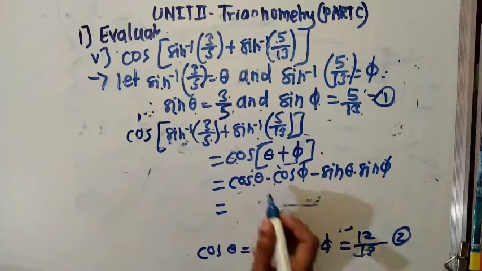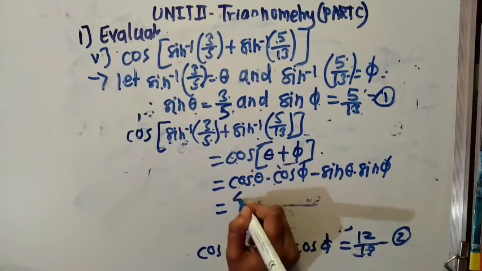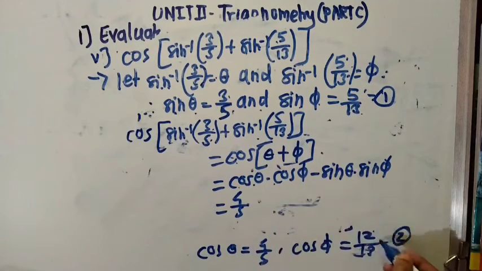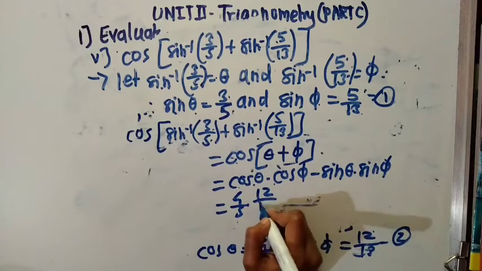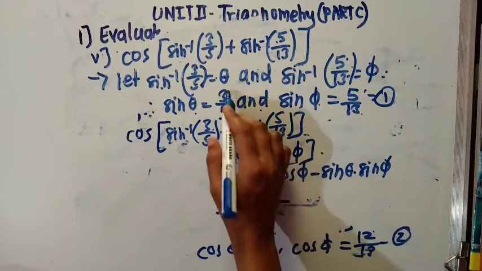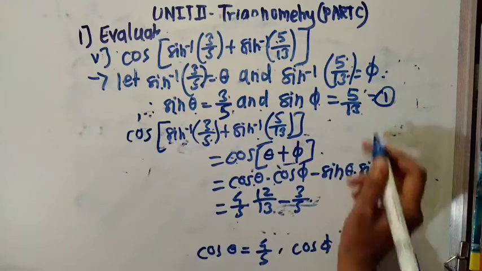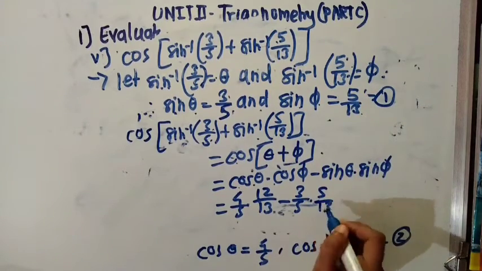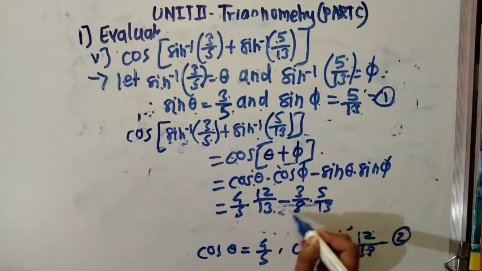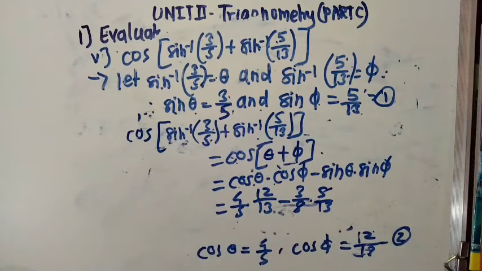But cos theta is 4 upon 5 and cos phi is 12 upon 13, minus sin theta is 3 upon 5 and sin phi is 5 upon 13. 5 5 cancel.